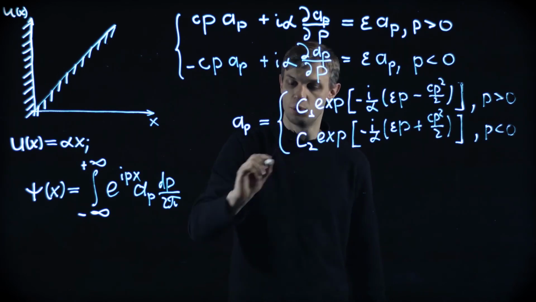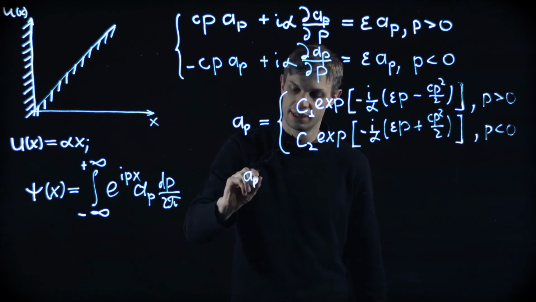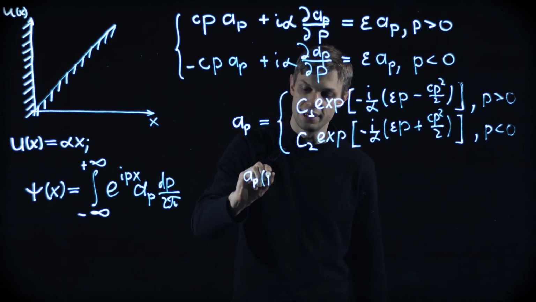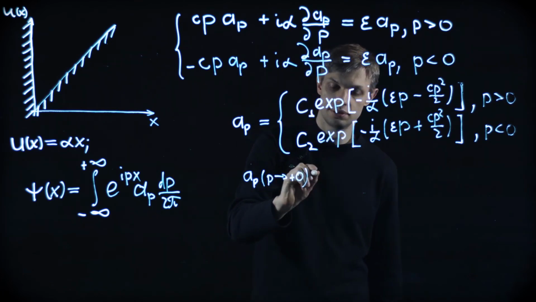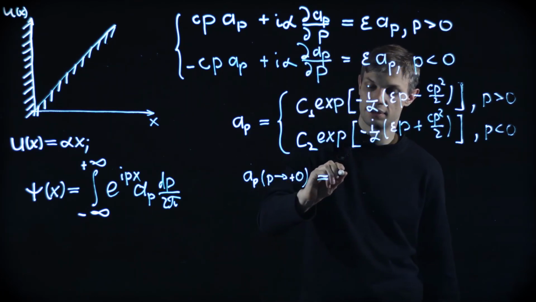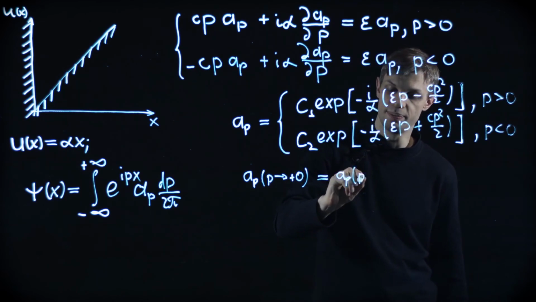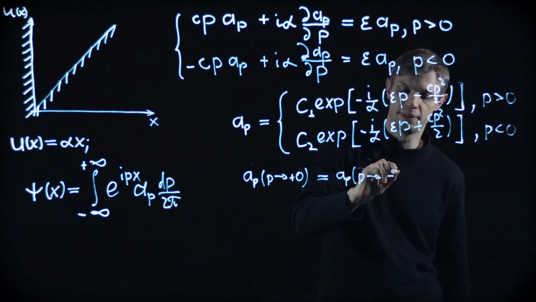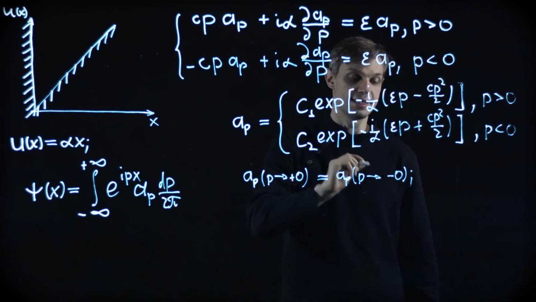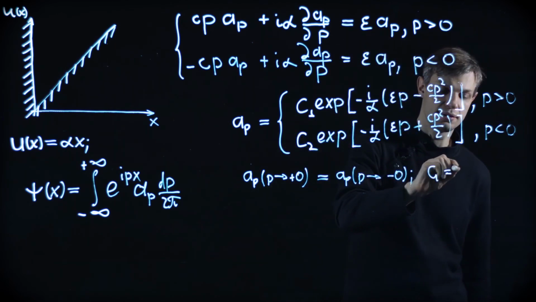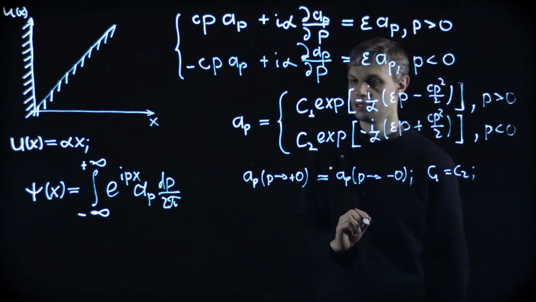So A(p) at p tending to plus 0 is equal to A(p) at p tending to minus 0, and that means that c1 is equal to c2.